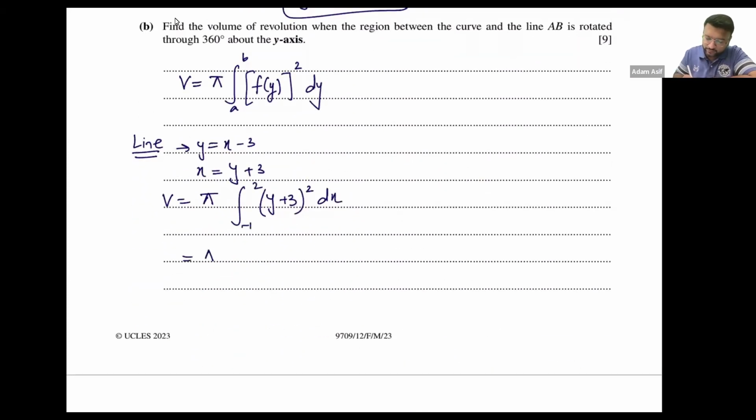Now y plus 3 the whole thing squared would be y squared plus 6y plus 9. I haven't integrated it yet.